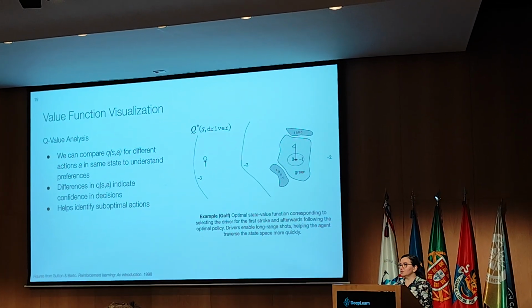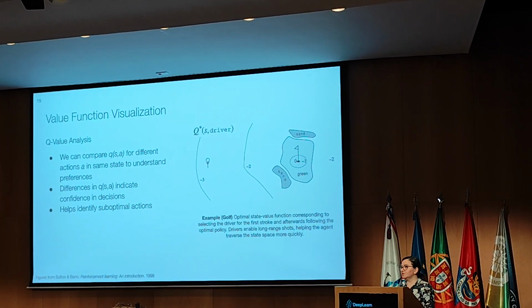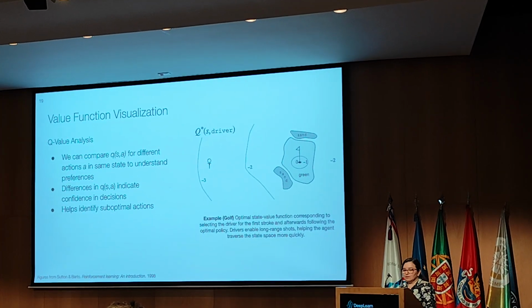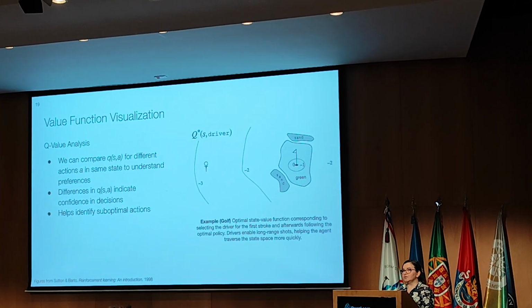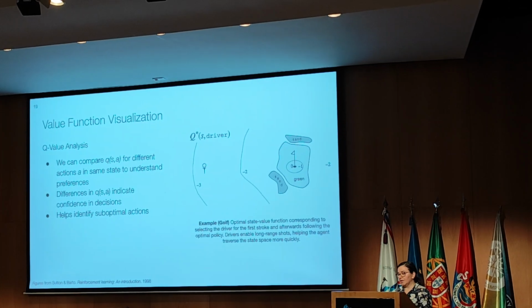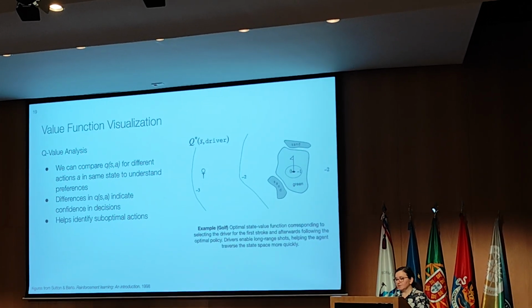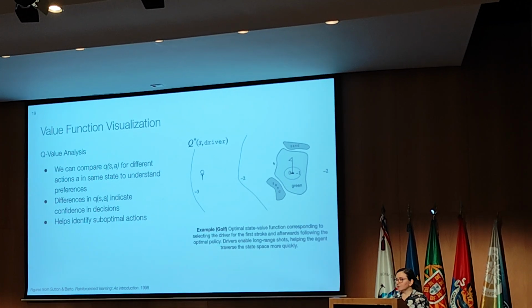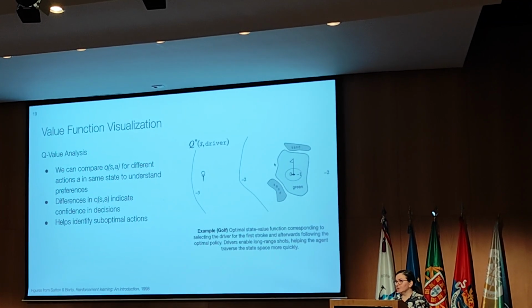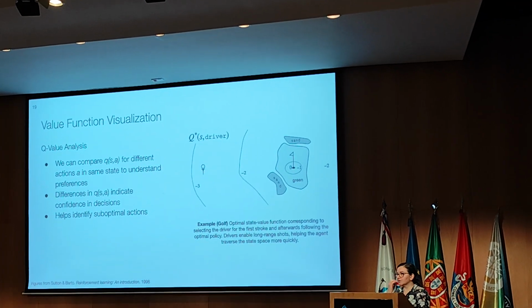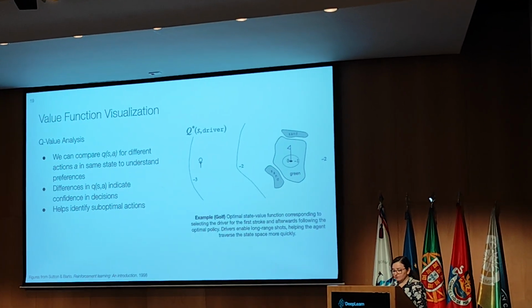Or if you plot your agent, you can understand how these trajectories are made. And it also helps you to identify some sort of suboptimal actions. For example, you do not want to get stuck in sand as in the previous, if the penalty is infinity, meaning that you really get stuck there and you cannot get out of that state.